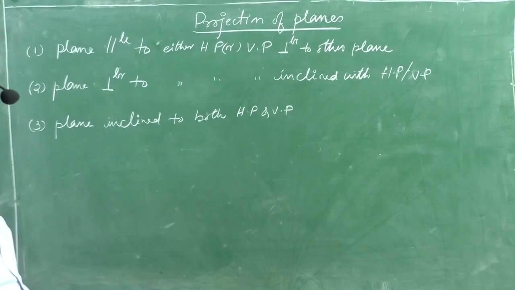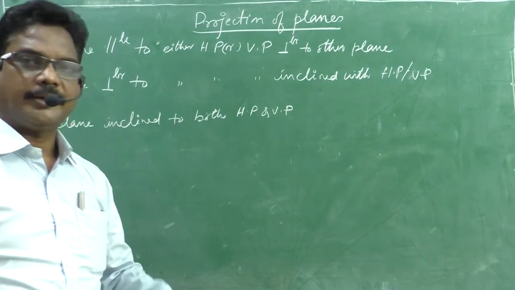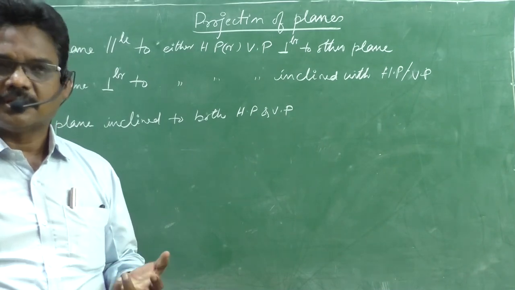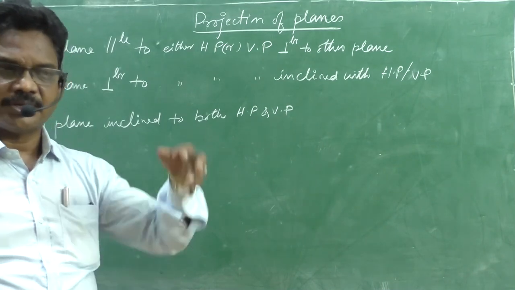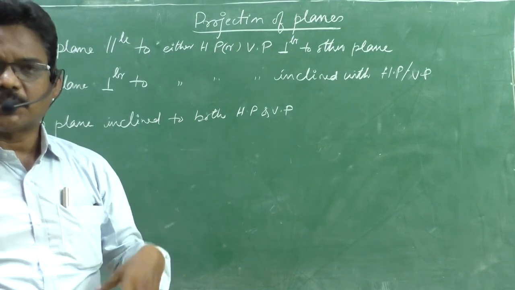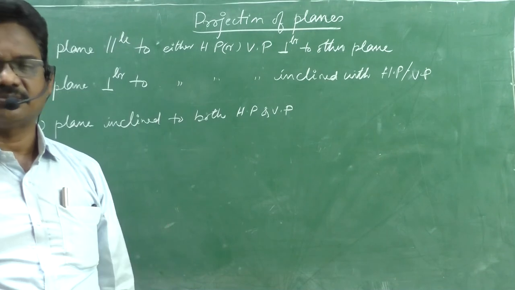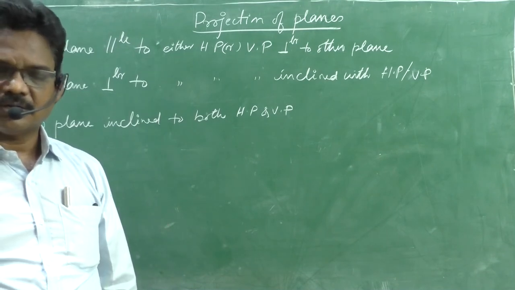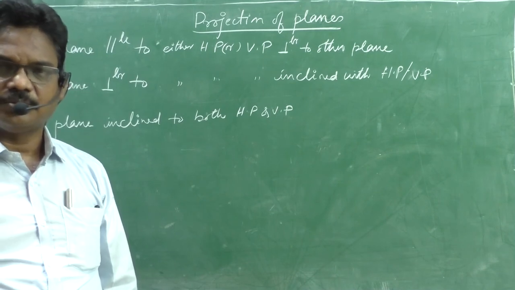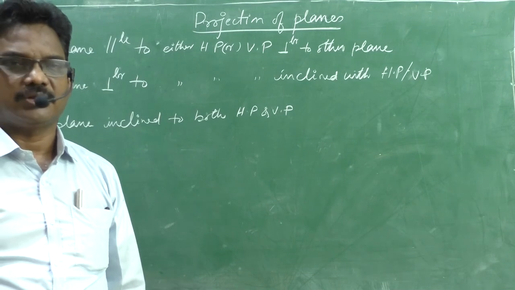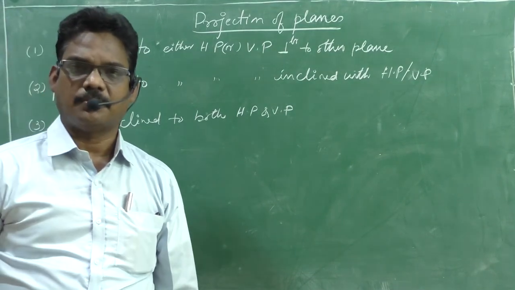And here we need to remember, when a plane is parallel to HP, in the top view, we can see its true length and true dimensions of the respective plane. And if the plane is parallel to vertical plane, then in the front view we will see their true dimensions.